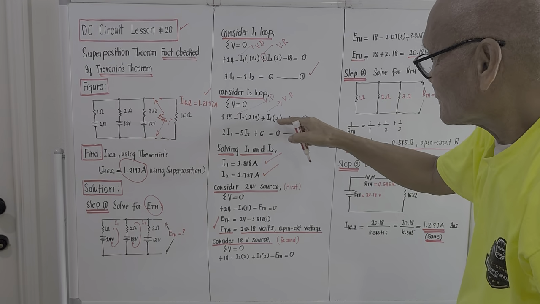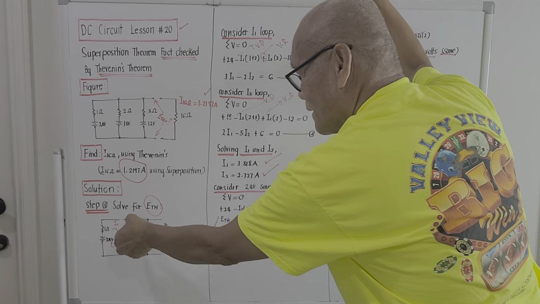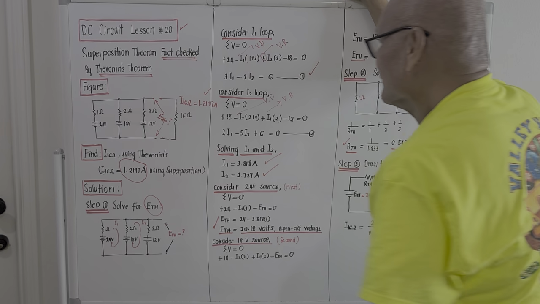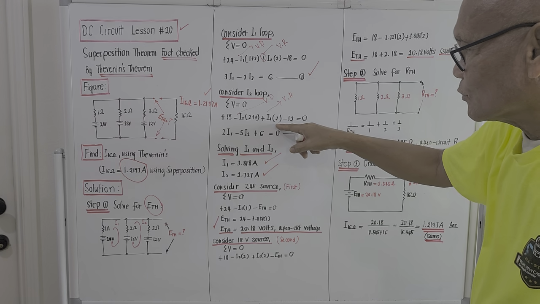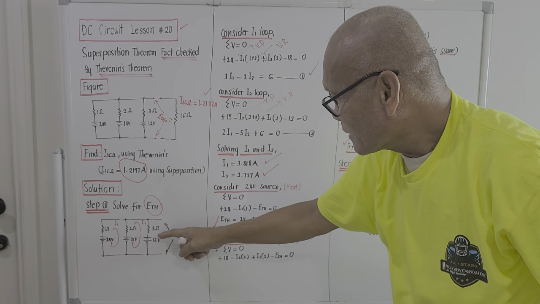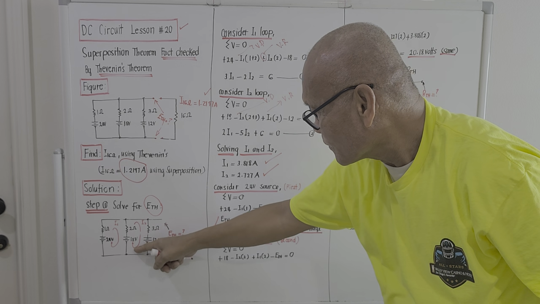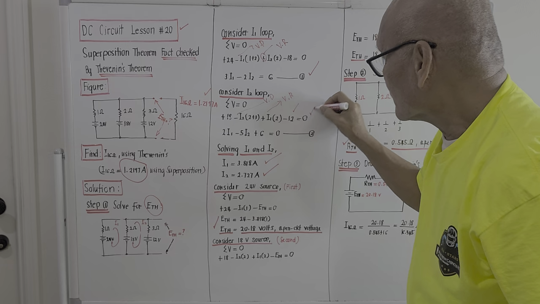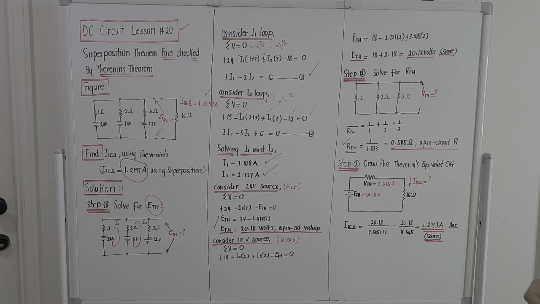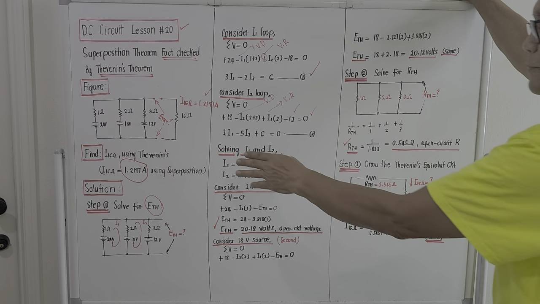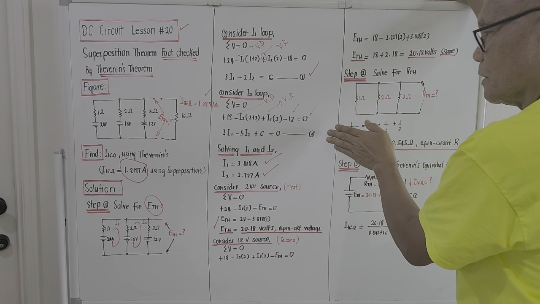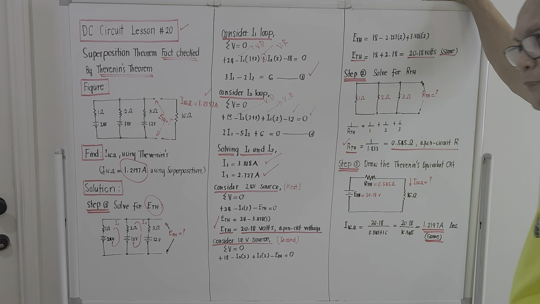So 2 times I sub 1 is the voltage rise here due to I sub 1. So this is I sub 1 multiplied with 2. This term here is from plus to minus, so this should be a voltage drop, and this should be equal to 0. Again, this is just pure algebra. If we try to simplify, what comes out will be 2I1 minus 5I2 plus 6 equal to 0. This is equation number 2.